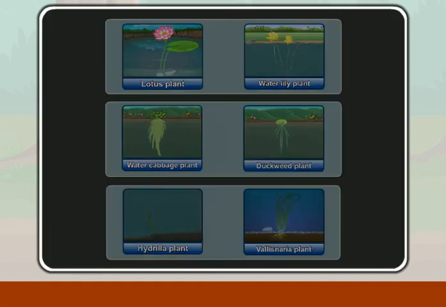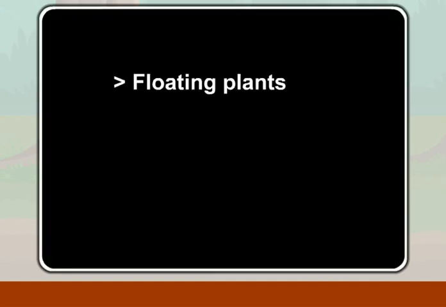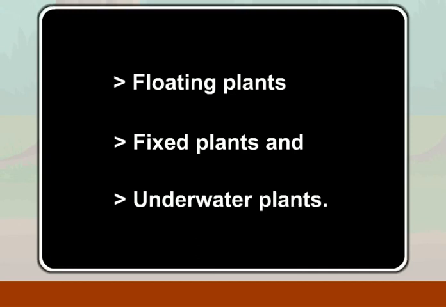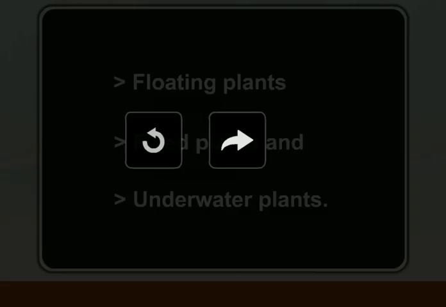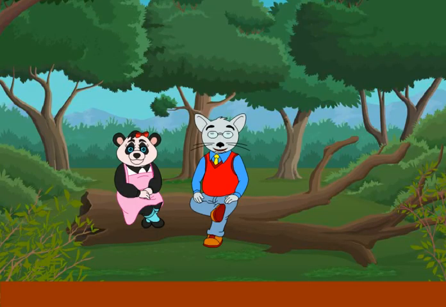They are floating plants, fixed plants, and underwater plants. Students, now let us discuss about the different types of aquatic plants in detail.